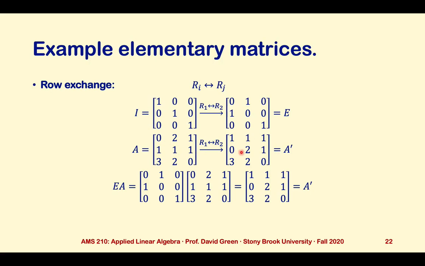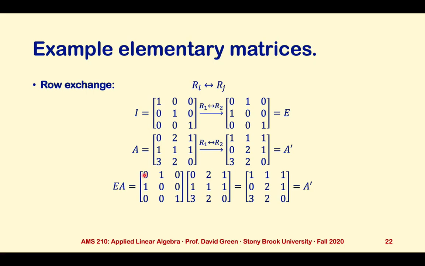Now what we see is if we multiply this E by A, E times A, what do we get? 0 plus 1 plus 0 is 1. 0 plus 1 plus 0 is 1. 0 plus 1 plus 0 is 1.